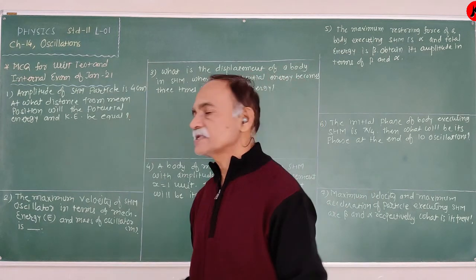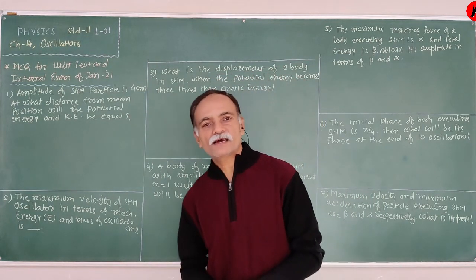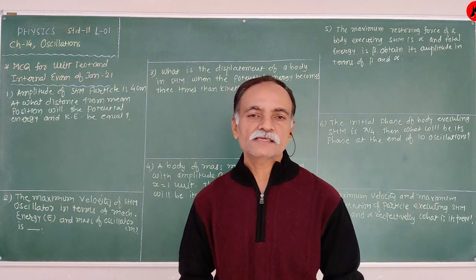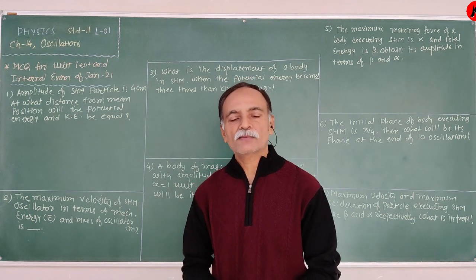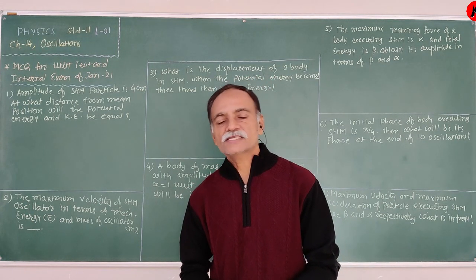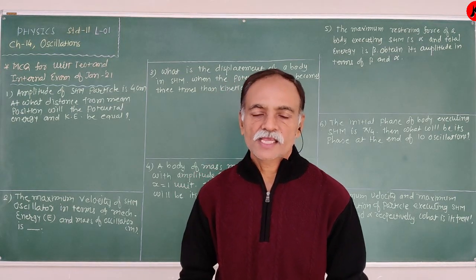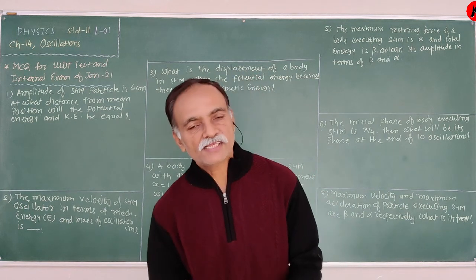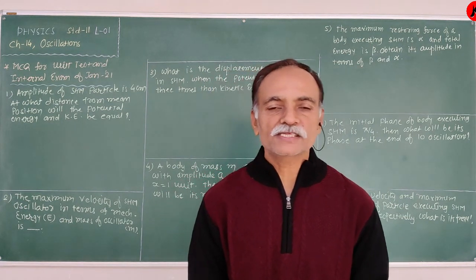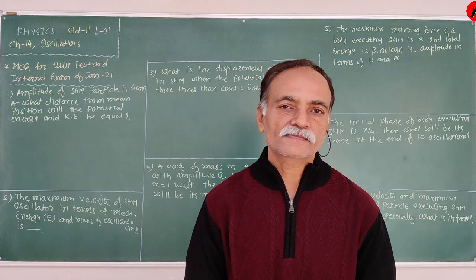Okay. Now for Chapter 14, Oscillation, we already learned simple harmonic motion and the simple harmonic oscillator. What is the equation of the velocity and acceleration of a simple harmonic oscillator? In which condition does the velocity become maximum, or at which position is the acceleration maximum?